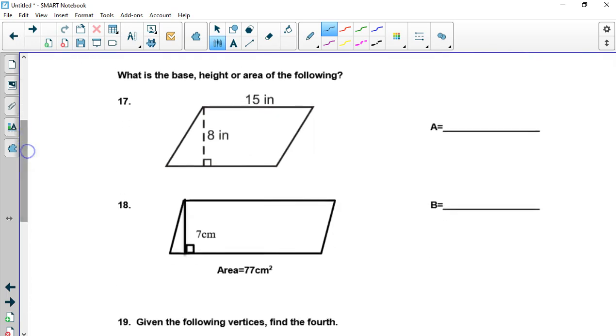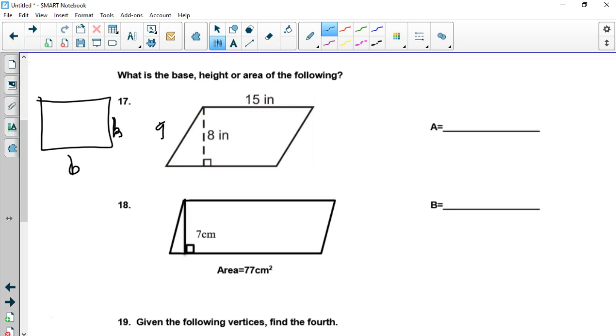Okay, just a review of basic formulas. Everyone knows that if you have a rectangle, it's base times height for area. But what's confusing on problems like this is, let's say this was a 9 right here for the side. People don't know which numbers to use to find the area.